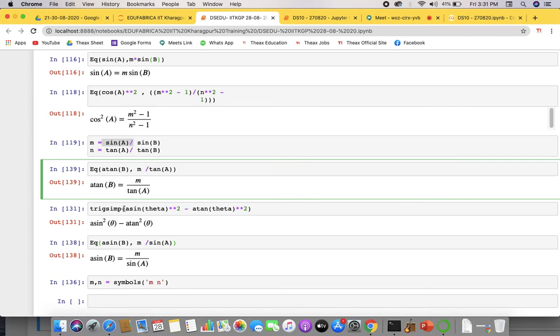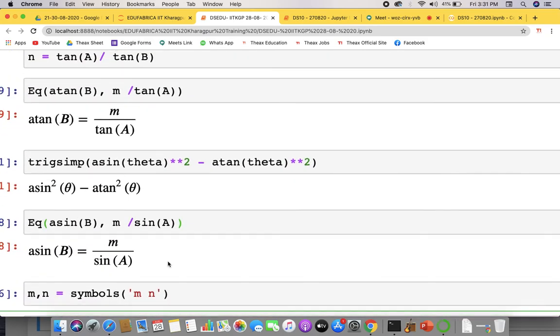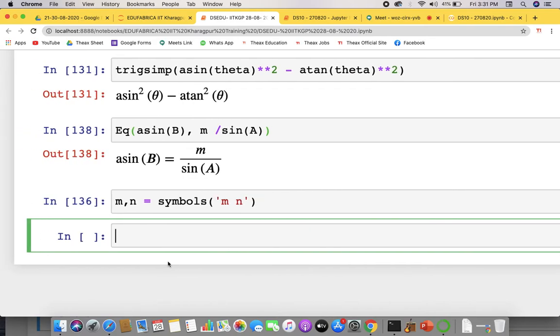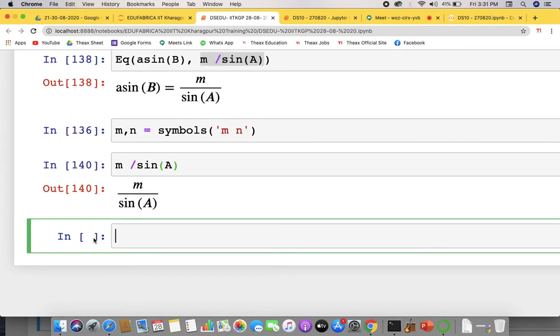And you can easily put these things like m by tan a and minus of this. So you'll be getting some values, and this is equal to 1. So can we write it as m by sin a? Copy this. This is m by sin a.